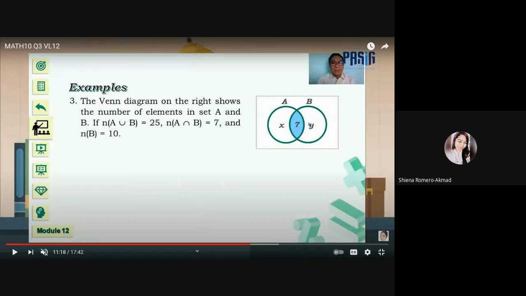If their sum is 10, ano kaya yung sa A? 8. Sa X, yung sa A, 15. So ulitin ko, this is 10, this is 15. Their sum is 25. Pero dahil they have common here, 10 minus 7 is 3, 15 minus 7 is 8. So we have X is equal to 8, Y is equal to 3.